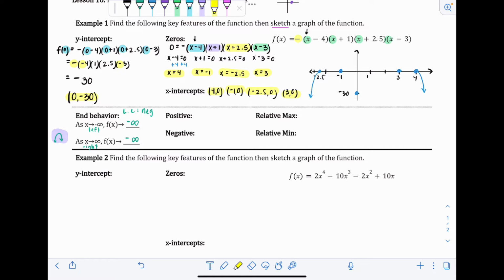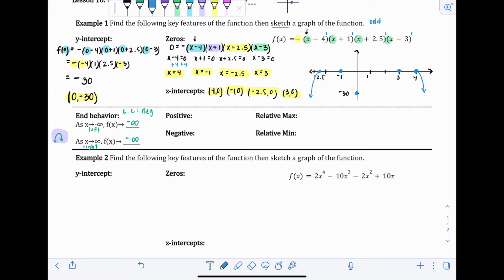None of our factors have exponents, so they all have an exponent of 1. So they all have a multiplicity of 1, which the main thing is that the multiplicity is odd. If it's odd, on any given factor, you're crossing through at that zero, versus if it's even, you would bounce off of that zero. So since we don't have any even ones, we would just cross through every single one.